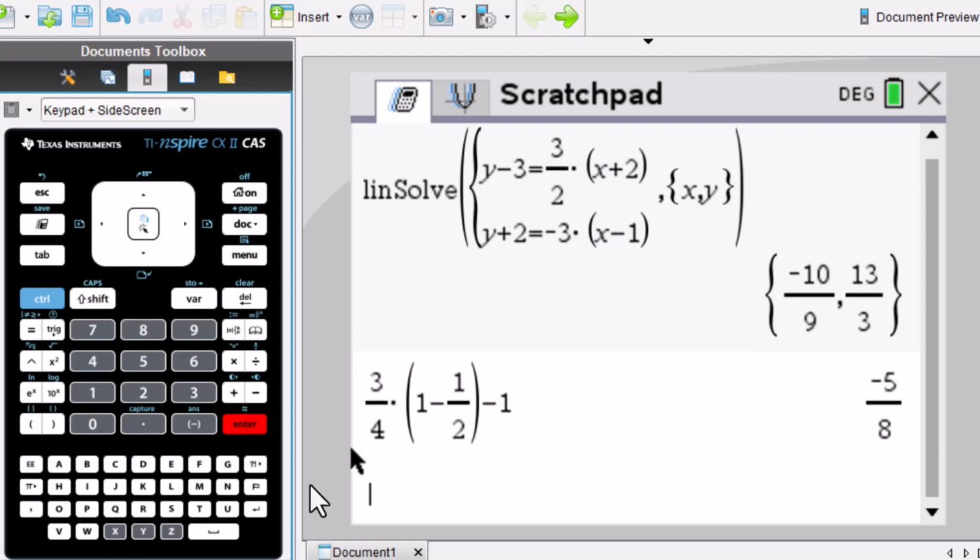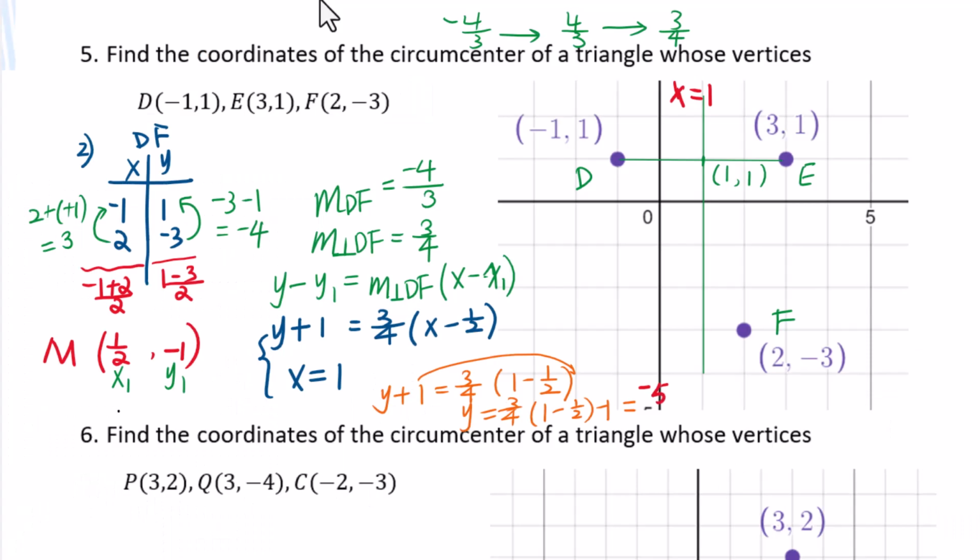Enter. -5 over 8. x equals 1, y equals -5 over 8 will be the solution to this system of linear equations. 1, -5 over 8 is the circumcenter of triangle DEF.